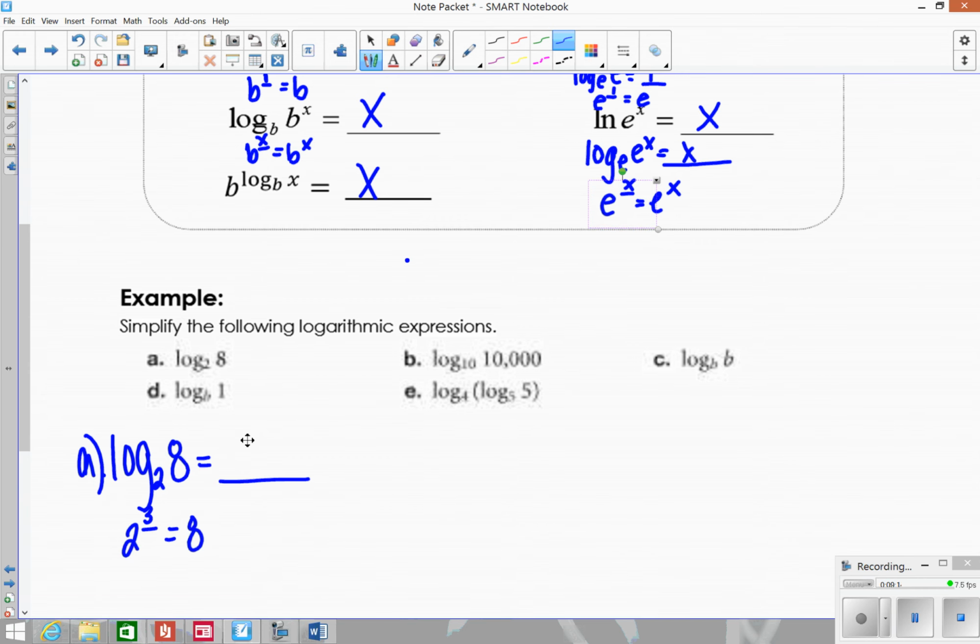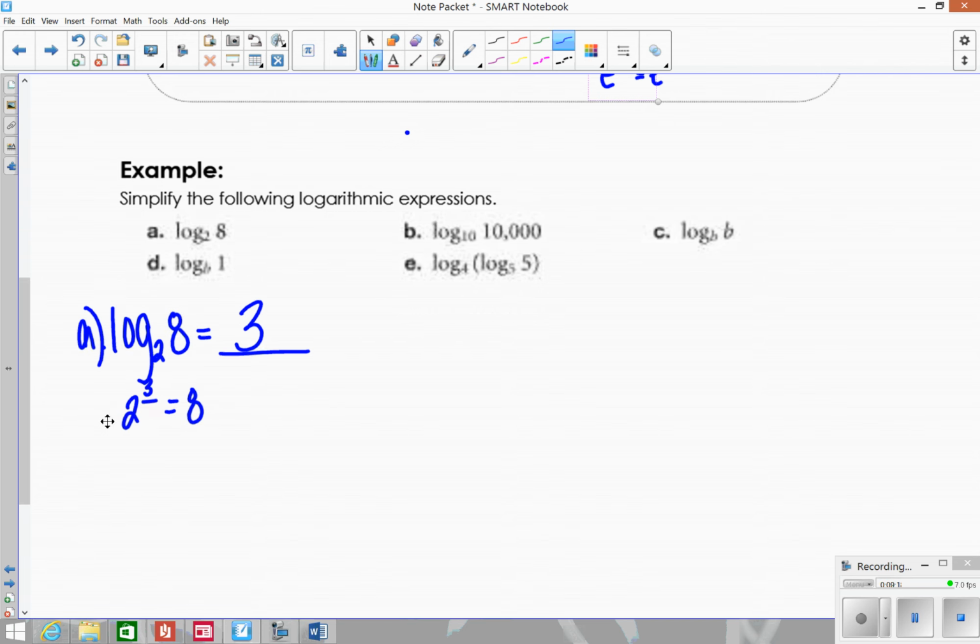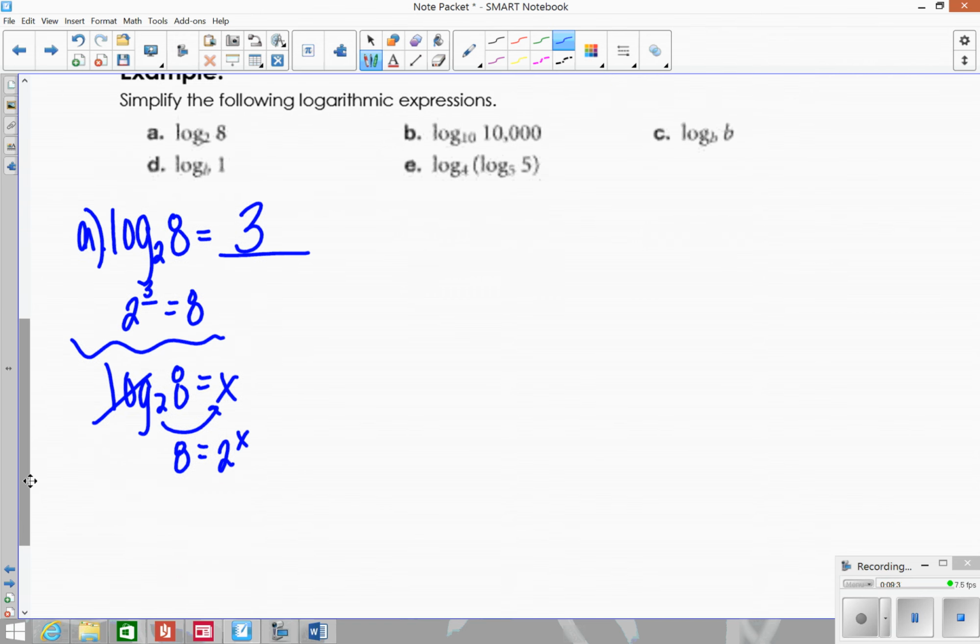The answer is 3. You could also think of this as log base 2 of 8 equals x, and then you can drop the log and swing the base like we did last time. So 2 to the x equals 8. Then you rewrite 8 as 2 to the third. So you see that 3 equals x.